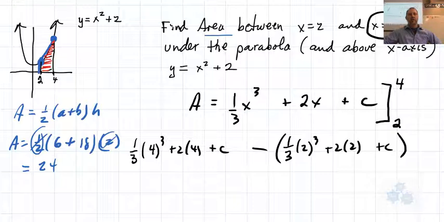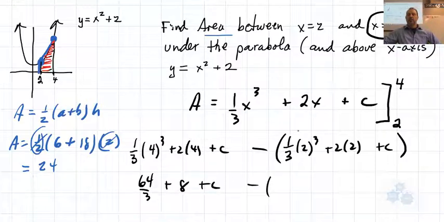So what's 4 cubed? 64 over 3 plus 8 plus c, minus 8 over 3 plus 4 plus c.